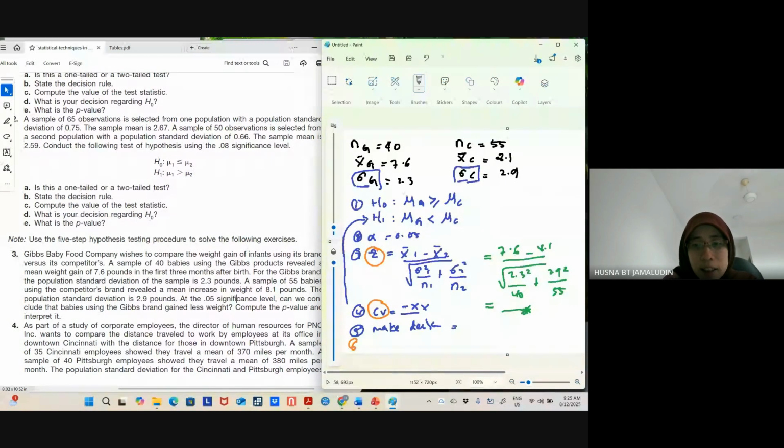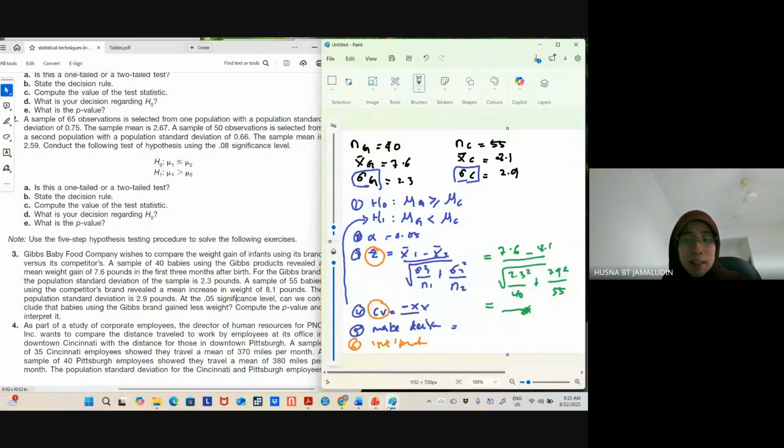And step number 6, you just have to integrate. The rest will be the same. So you can see that for Z you just use the formula, CV will be the same, decision the same. The only difference is that you have to know whether this is one sample or two sample, whether this is Z or T, whether one tail or two tail. That's it. The rest will be the same.